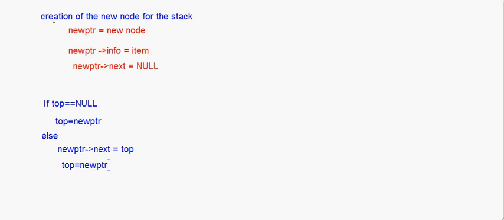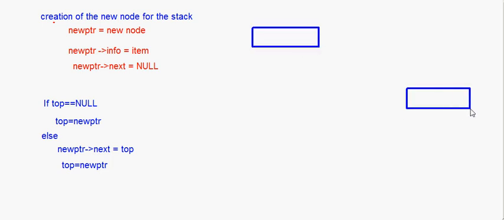Now look at this here. I'll put it here once again. Supposing this was top and this is the new node that you're creating. You already have a node here, let's say, and here the address is 1290, and here you have got some information, and here you have none.